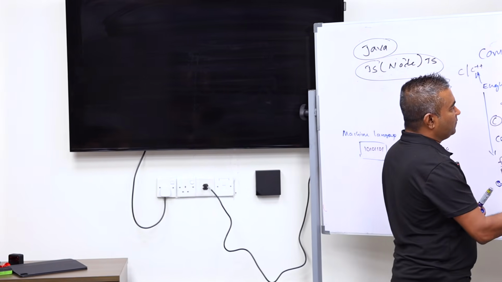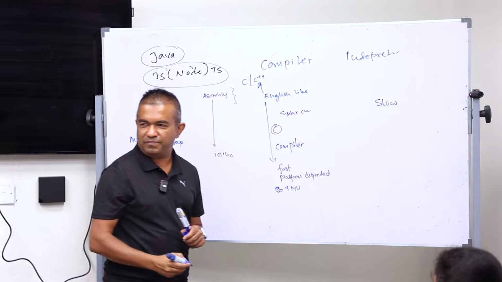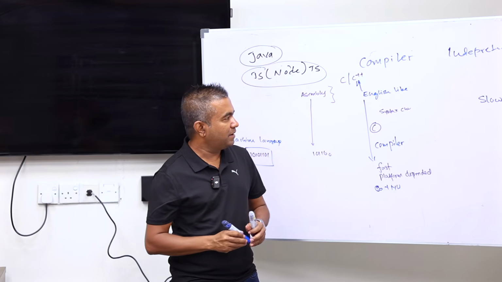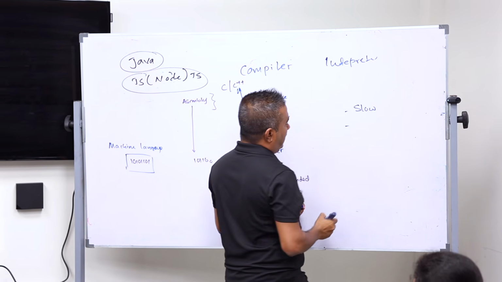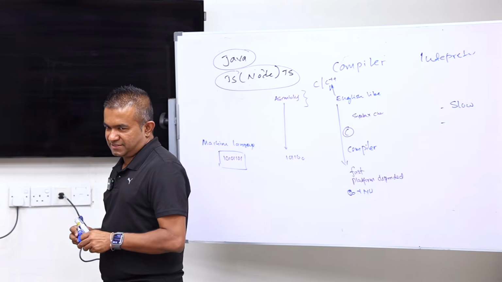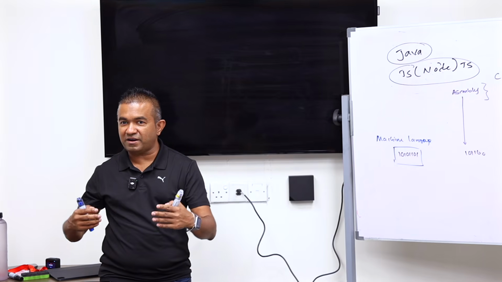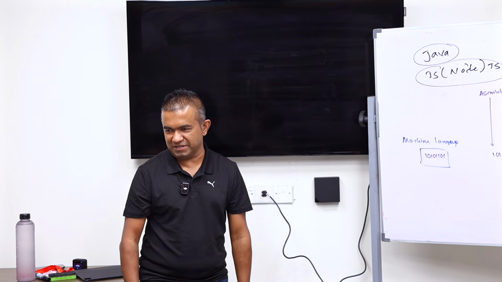So since it is at runtime, it is slow. Plus, it cannot check the syntax. If something is wrong, at runtime it tells you this is wrong, because there is no compilation process.